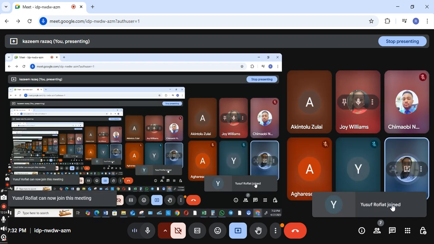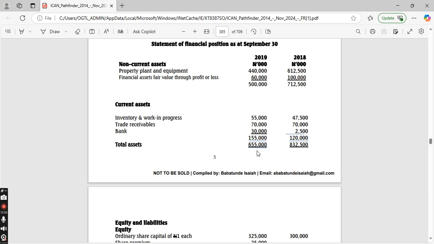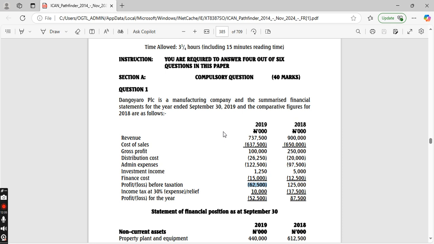Shall we proceed? Yes. So, what are the non-cash items in our income statement? Now, what's the essence of these non-cash items? The non-cash items are those items that are not cash in nature.